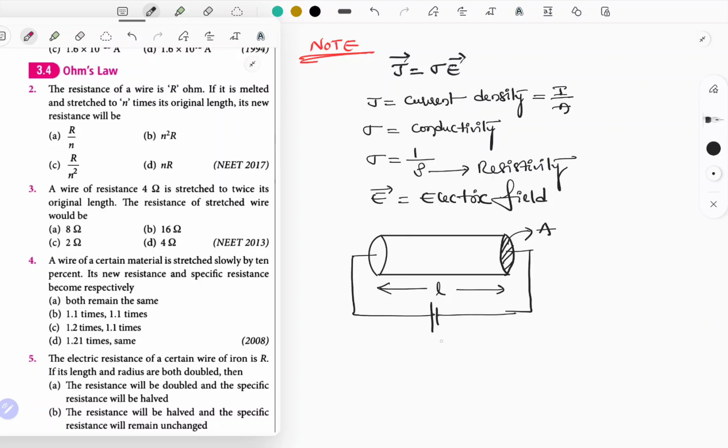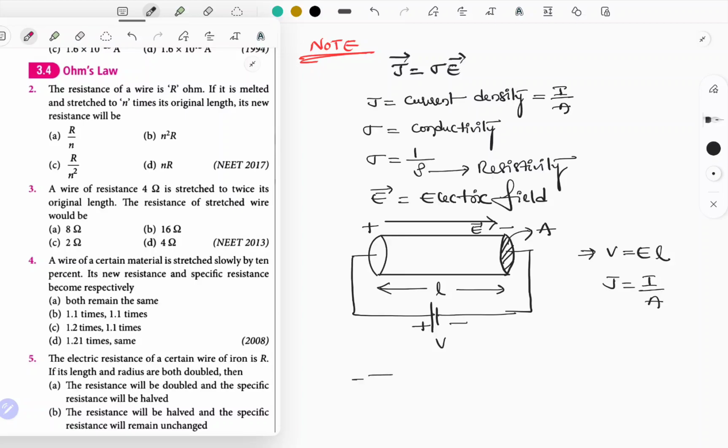The potential difference that I am giving is V, plus and minus, and the electric field direction is always from positive charge to negative charge. The relation between electric field and potential is V is equal to E into L, and E is equal to V by L. We can replace it, and J is replaced with I by A.